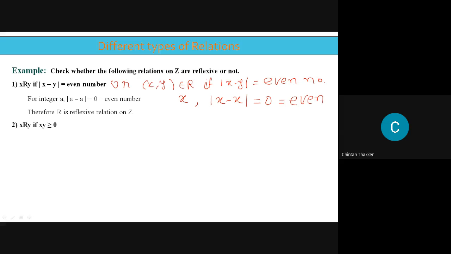You have to check that for any arbitrary integer x, x is related to itself, x is related to x.